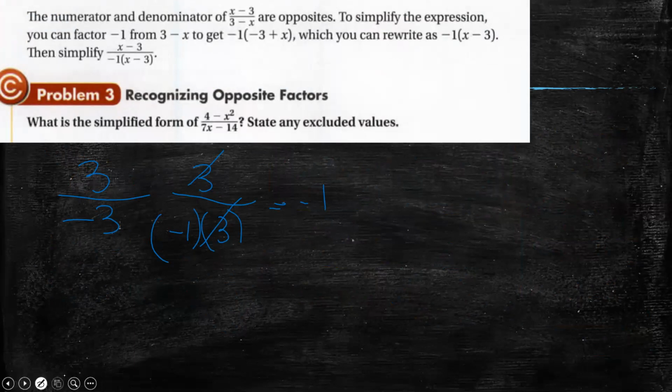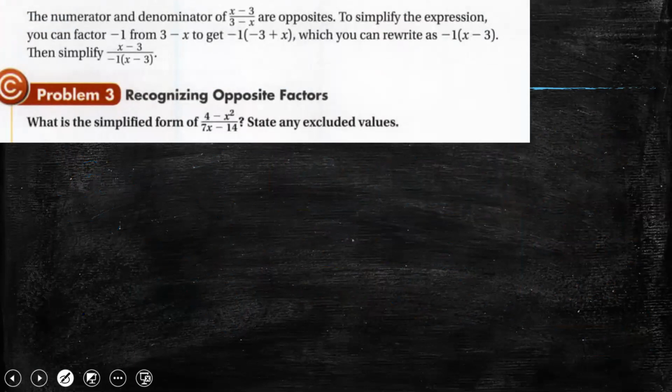In rational expressions, we have the same thing. We have x plus 2 over 2 minus x. Now look at 2 minus x. Look at them here. They are opposite in the denominator. What does it mean?